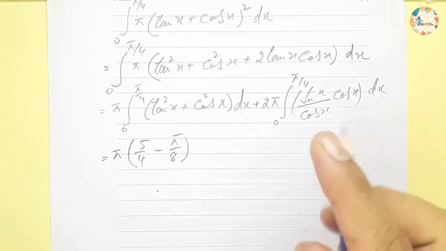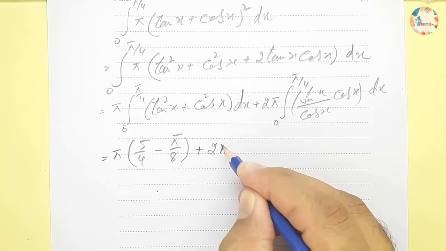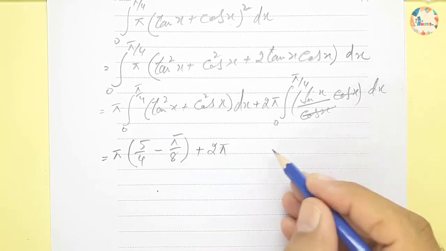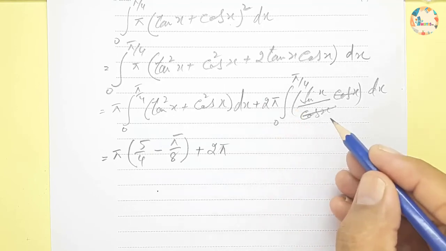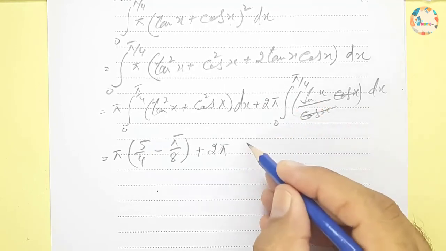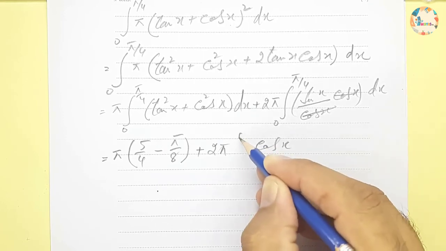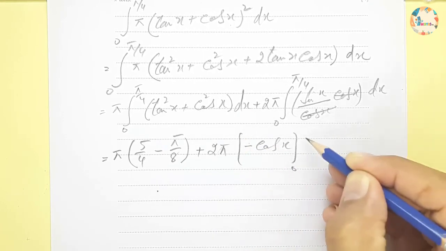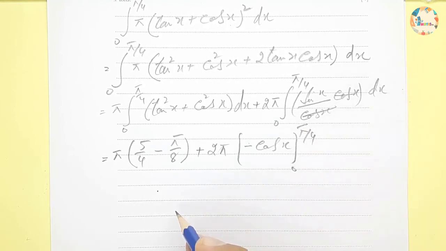And now we just have to solve this one, and this will be plus 2 pi, and this cos will be cancelled with this, and integral of 0 to pi by 4 sin x. Integral of sin x will be minus cos x, and we will take limits 0 to pi by 4.